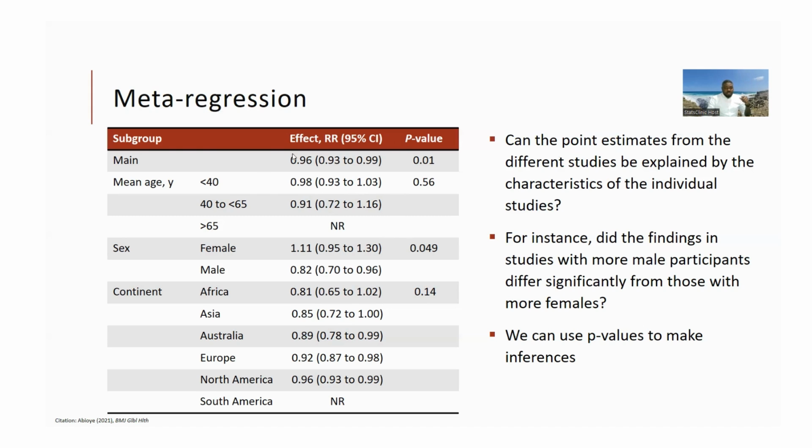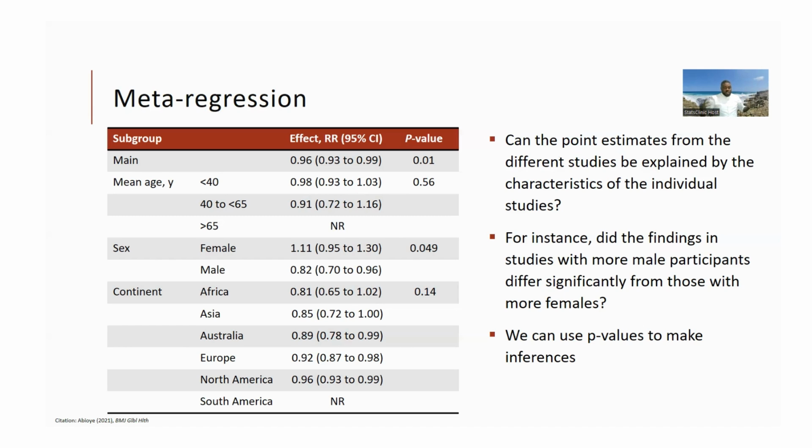So you take this pooled estimate and then using regression methods, you explore whether if you had only males, if you had only females, if you had only people in a certain age category, what would your estimate have been?